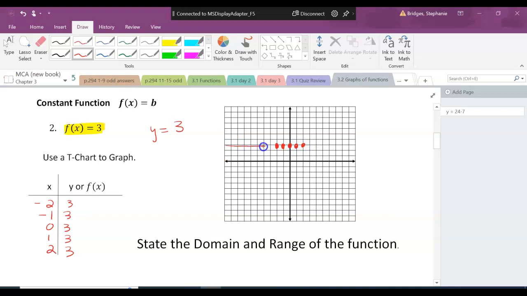And then I'm just going to connect those dots. Trying to draw a straight line, but it's not working very well here. You would think I could trace, but that's not working either. Okay. Putting the arrows on either end.